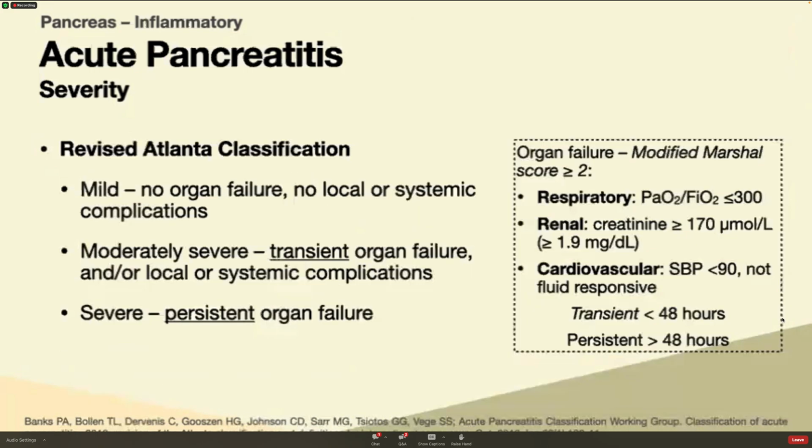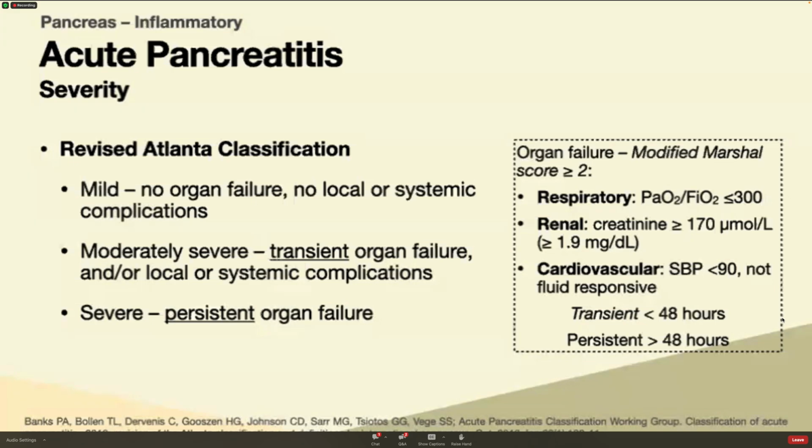Other classifications for the severity, which is also mentioned in Schwartz, are the revised Atlanta classification and the determinant-based classification. So for the revised Atlanta classification, we determine the severity based on the presence of organ failure, whether transient or persistent, and the presence of local or systemic complications.